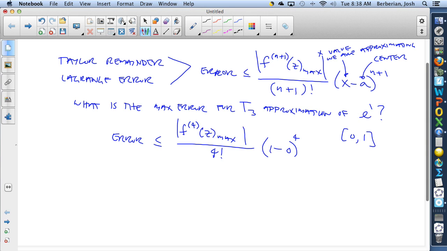This means: what's the maximum of the fourth derivative on that interval? Okay, so I know my function is e to the x. First derivative, e to the x. Second derivative, third derivative, fourth derivative.